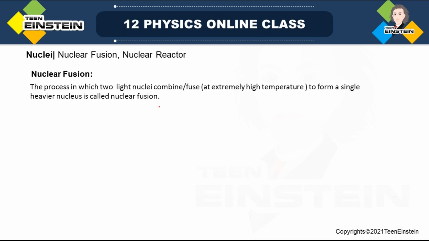And to fuse two light nuclei to form a single heavier nucleus, you need extremely high temperature. You need to do this reaction at high temperature.